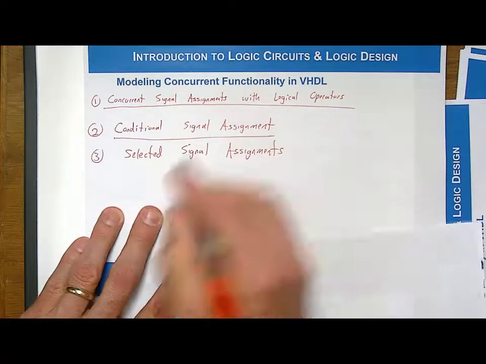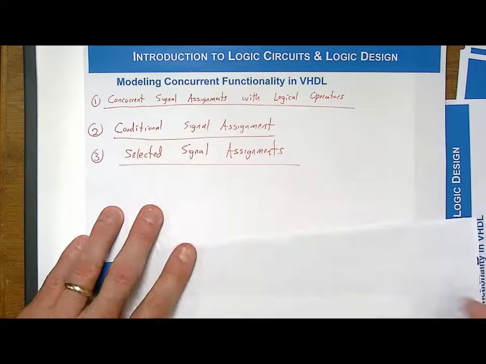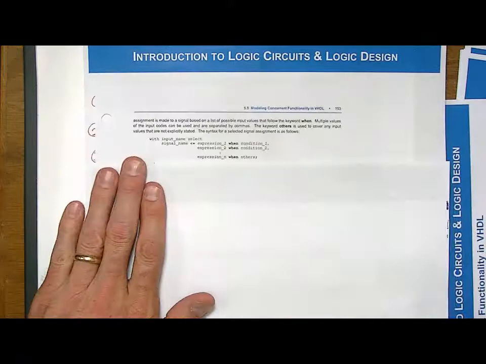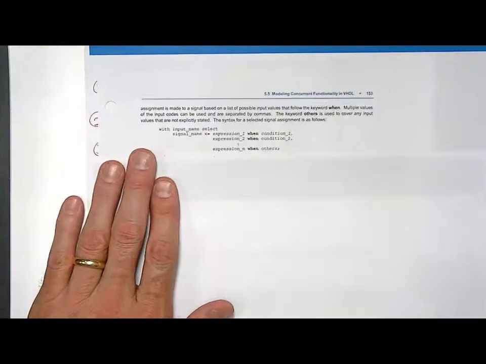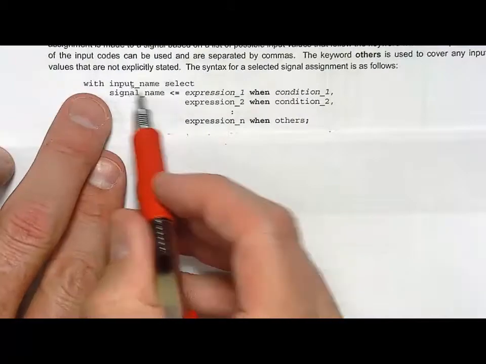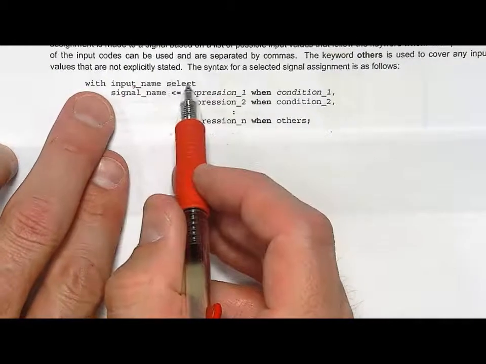And this gives an even more compact way to model combinational logic. The way that you do this is you use a keyword with, and then you give it the input name, so what input you're looking at, and then you use a keyword select.